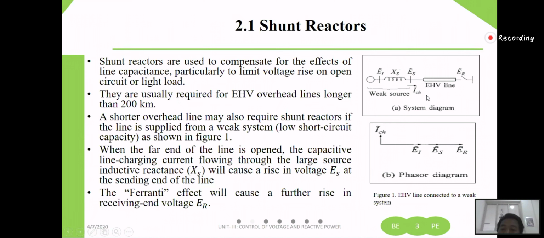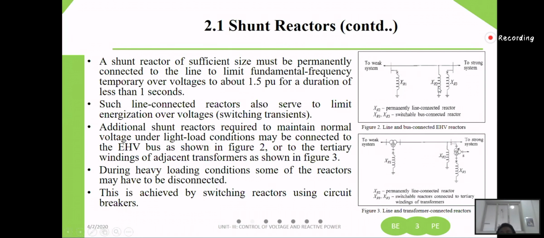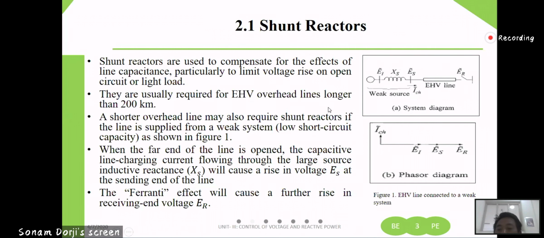In such a case, how do we control the voltage? Because our objective is to have the voltage within the required or acceptable limits. We control this by using shunt reactors. This slide is just explaining the case without the shunt reactor.